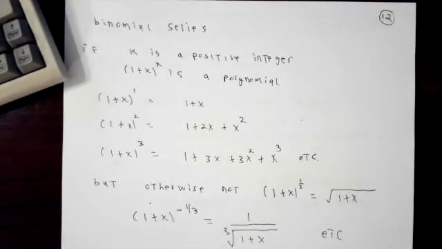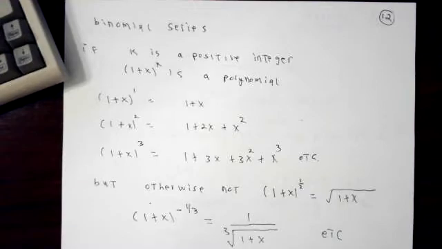On the other hand, if k is not a positive whole number, then 1 plus x to the k power is not a polynomial. For example, if k were equal to a half, you would have square root of 1 plus x, which is definitely not a polynomial.